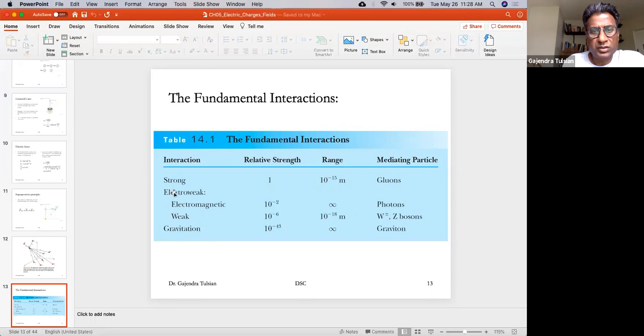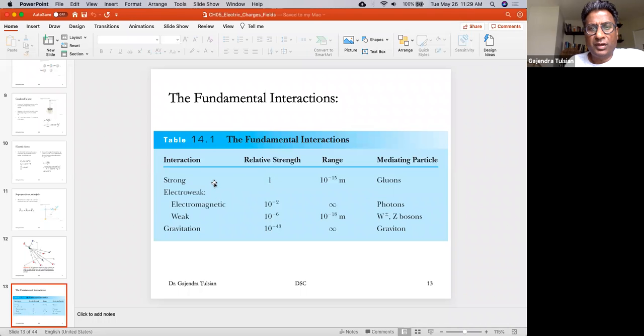These 2 forces have been combined into a single force, so these 2 forces behave like a single force at high energies. All right, this shows you the relative strength of these forces. This gives you the range of the forces. And in quantum mechanics, forces are mediated by particles, and this shows you the mediating particle.